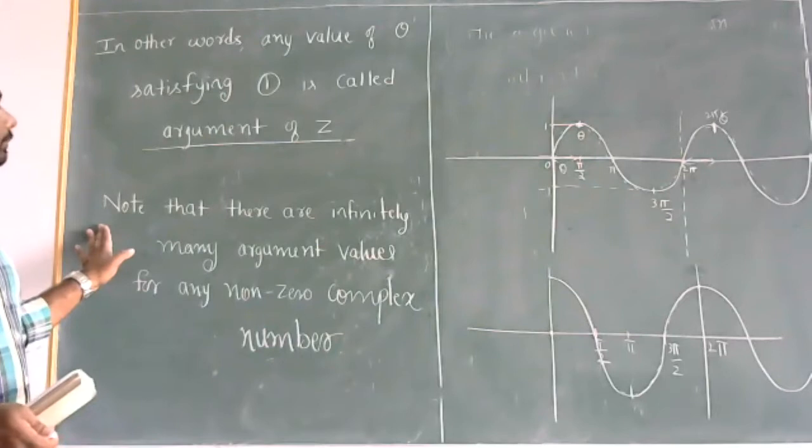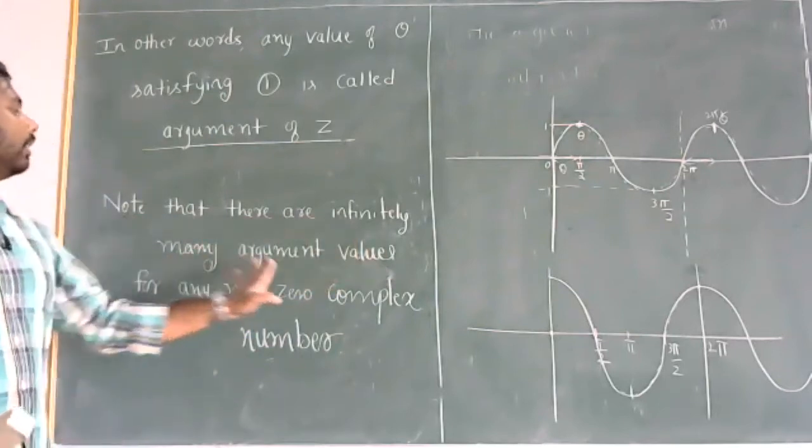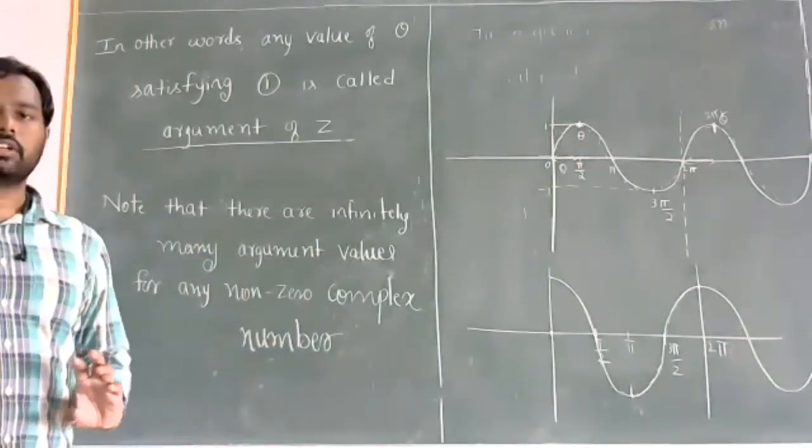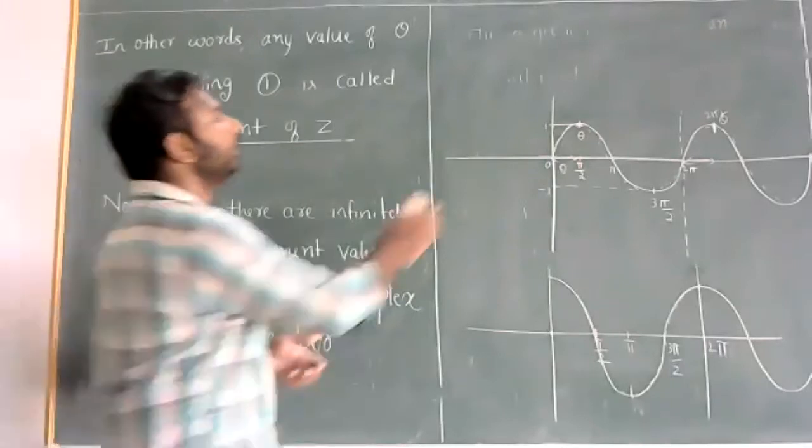So there we can observe that there are infinitely many argument values for any non-zero complex number. Right?